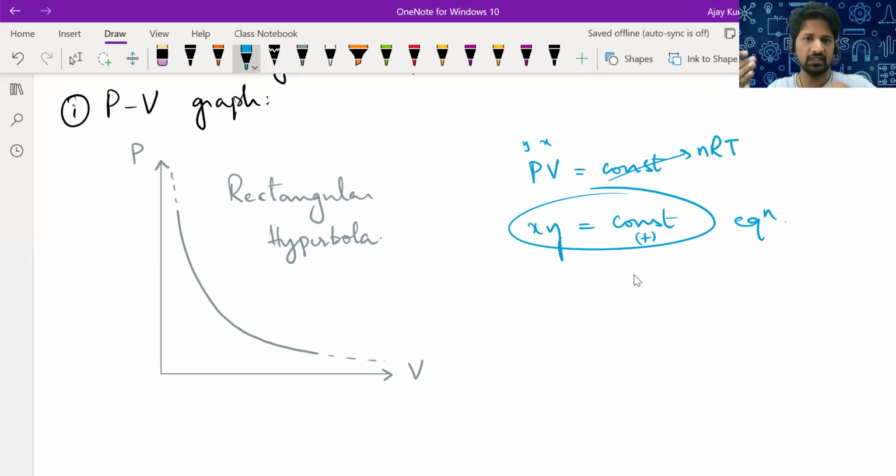Next time, when you carry out an isothermal process, let's say you maintained a higher constant temperature of 400 Kelvin. Then you will see that if the same gas undergoes an isothermal process at a higher temperature, then the graph shifts away from the origin. It goes like this.